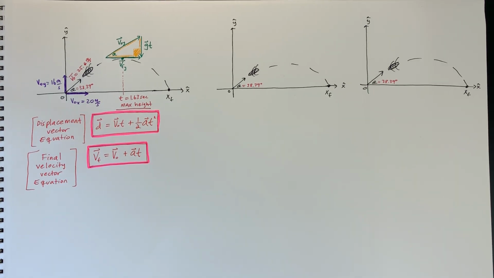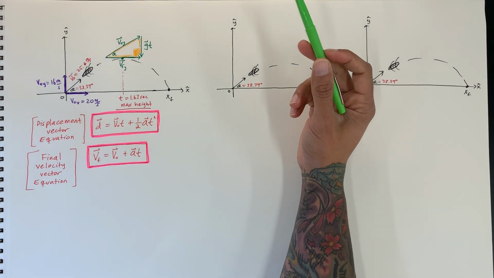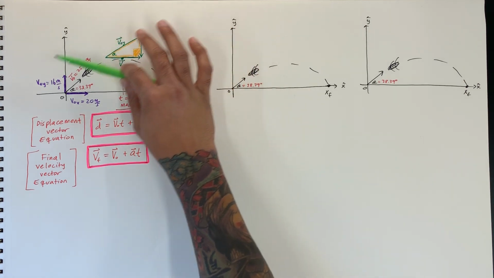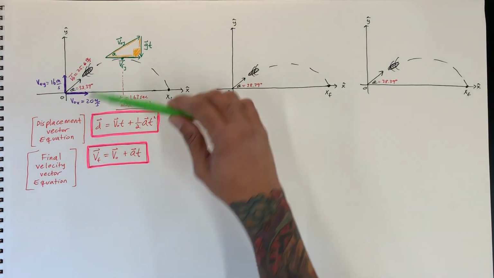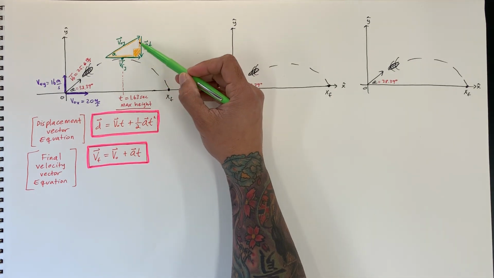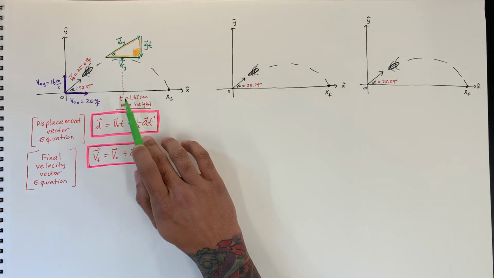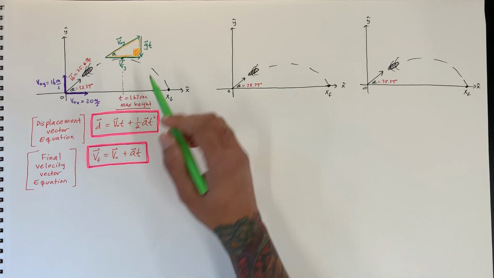All right, in the previous video, part 4 of projectile motion, I showed that this arrangement here, the final velocity vector equation, was used to find the time at the max height.